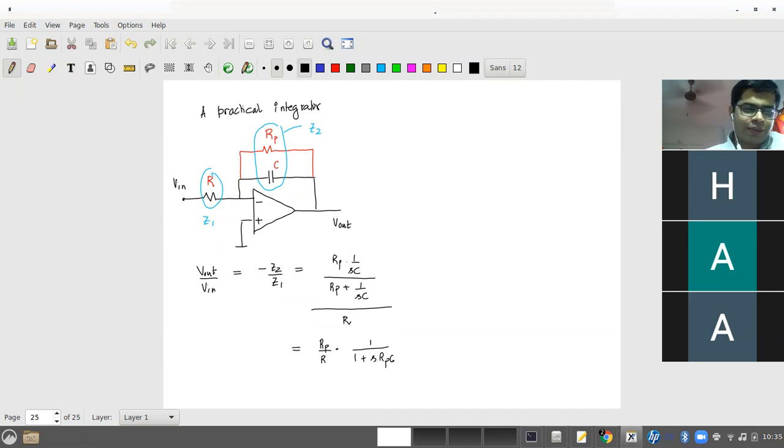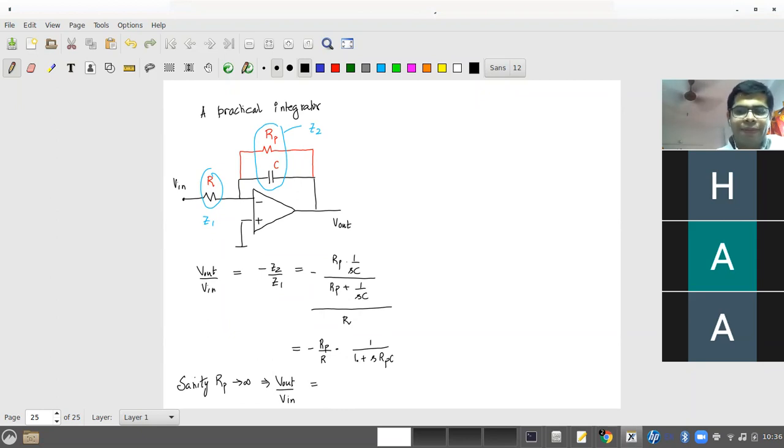Hari Vignesh? Yes, sir. Okay. The sanity check is to send RP to infinity, and then you have to get back your old result. There's a minus sign. I forgot the minus sign. If I send RP to infinity, what will I get? Here, divide numerator and denominator by RP. Then you will have a 1 by RP term.